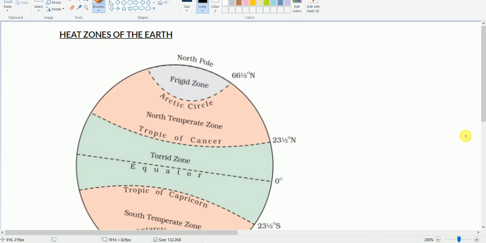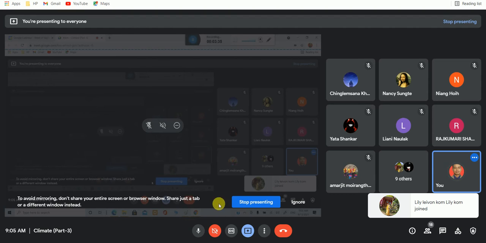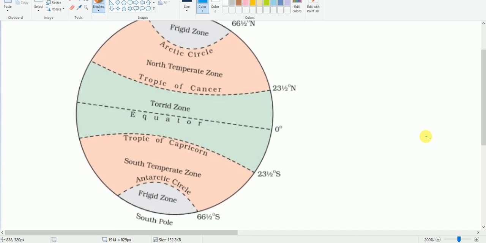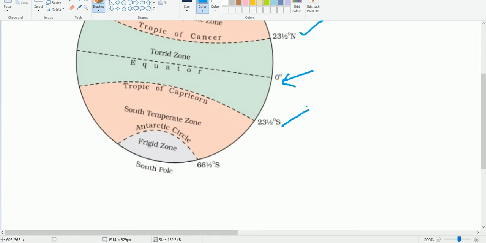And see here, this is the equator, and this is the Tropic of Cancer, 23 and a half degrees north, and this is the Arctic Circle, 66 and a half degrees north, and here we have the North Pole, and likewise here we have the Tropic of Capricorn, 23 and a half degrees south.